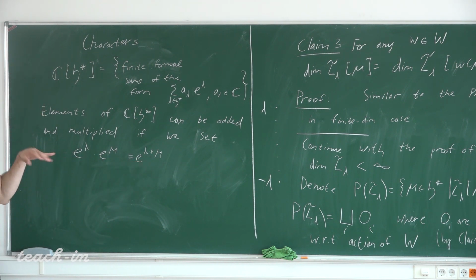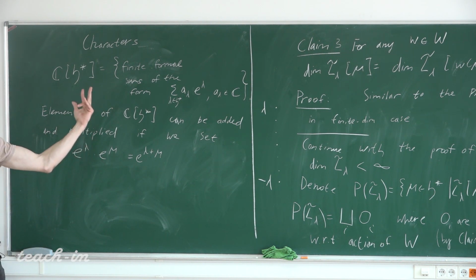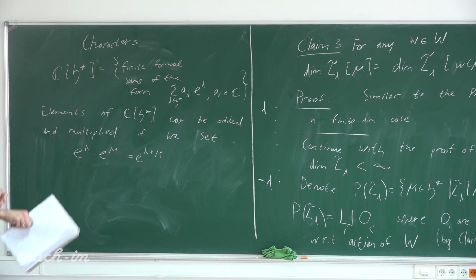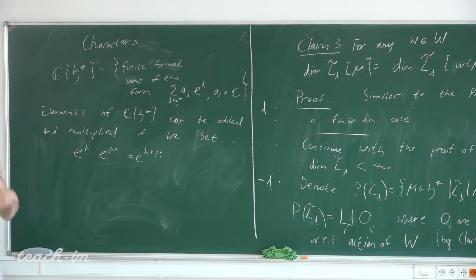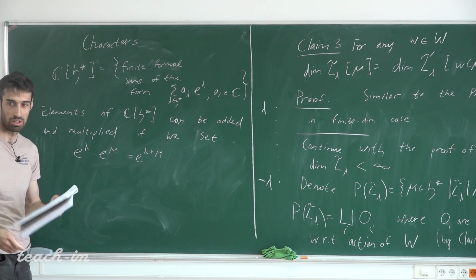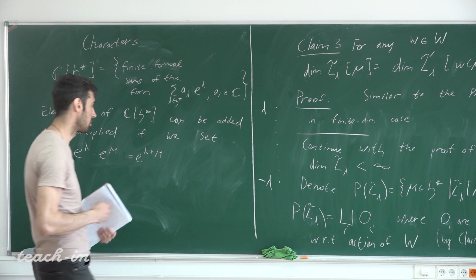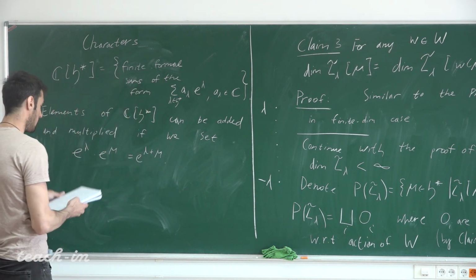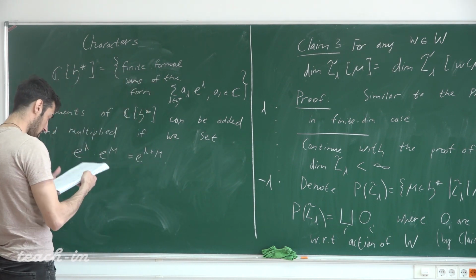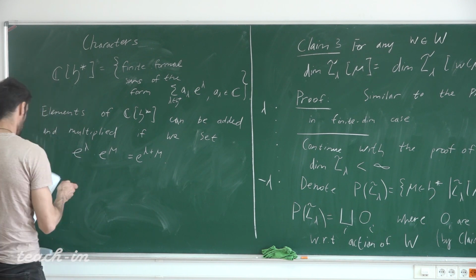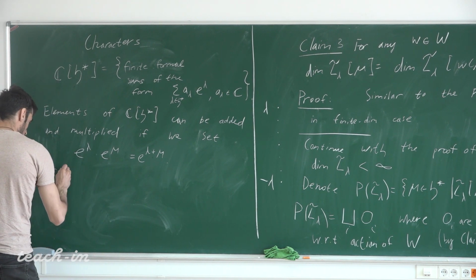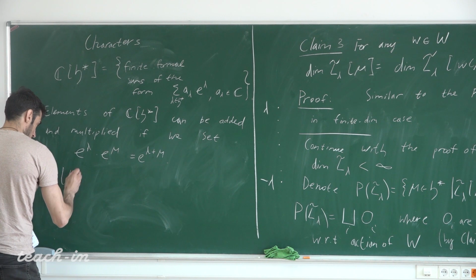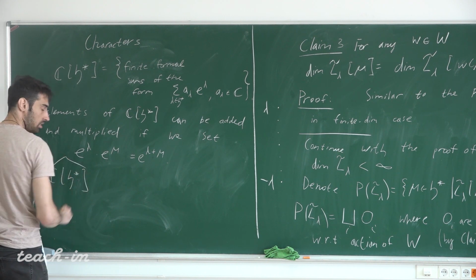But for some other group, there might be a difference between this one and this one. But still, you can multiply series, it just matters in which order. So you know something about group algebras, right? Okay. But we actually need an extension of this. So let me denote it like this with a hat.